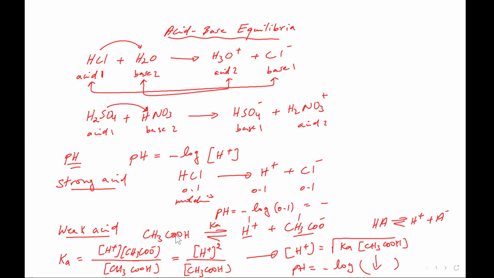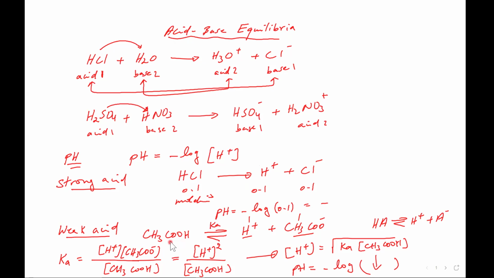Well, it must be changed. What do you think, Hamza? Is the concentration of ethanoic acid before it dissociates the same as after it dissociates? I can't hear your voice. It's no, but we consider it.